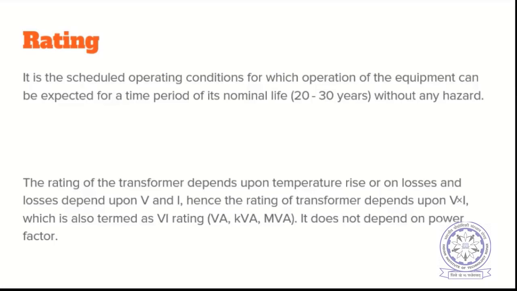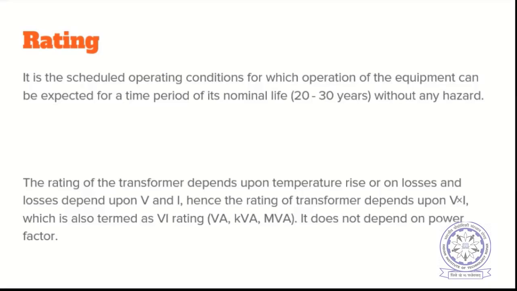Scheduled operating conditions for which operation of the equipment, in this case the transformer, can be expected for its nominal life. If it is operated under rated conditions, it is expected to survive for its nominal life. These conditions are known as the ratings of the transformer, or any power equipment.